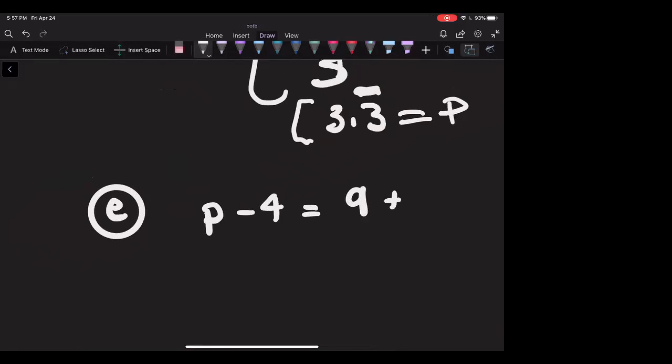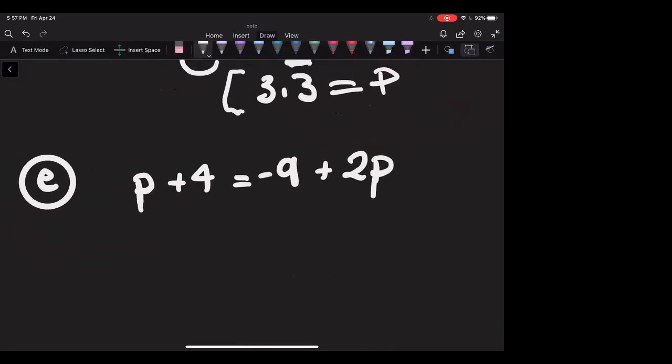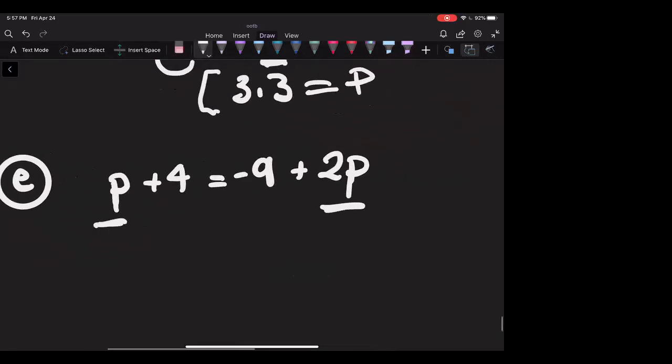There you go. So remember, the first goal is to put all the letters together. I have one P here and one P there. Which P is smaller?